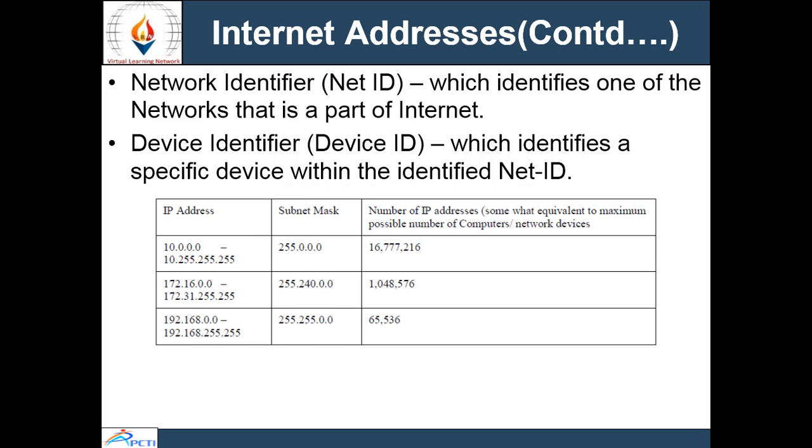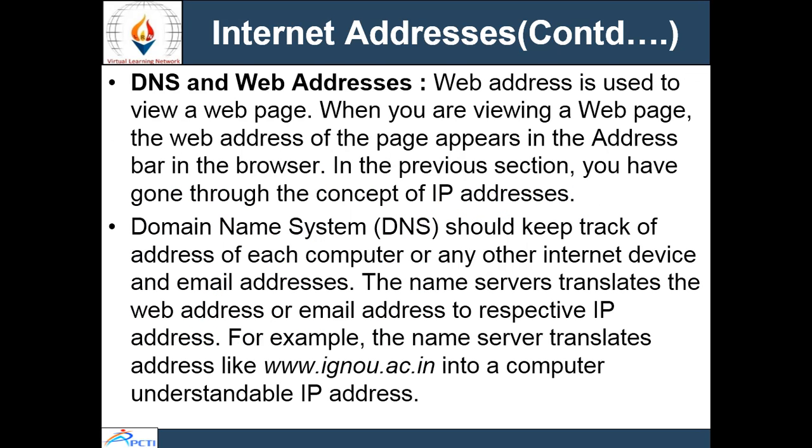Number of IP addresses. DNS and web addresses. A web address is used to view a web page. When you are viewing a web page, the web address of the page appears in the address bar in the browser. In the previous session, you have gone through the concept of IP addresses. DNS, domain name system.